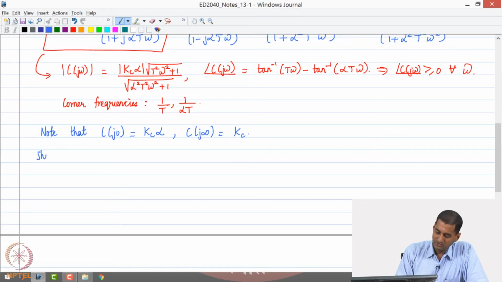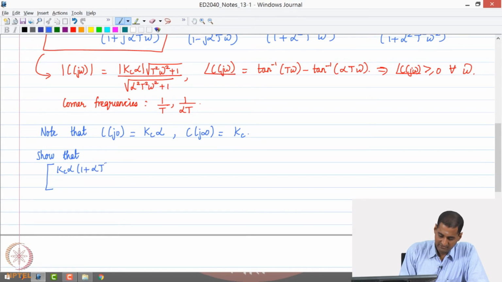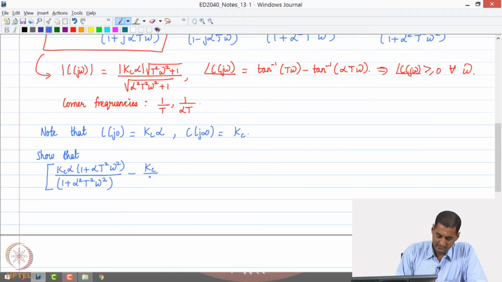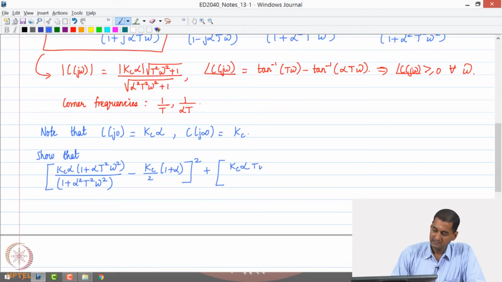Now, this is something which I am going to leave as homework. One can easily show that if you take the real component, which is Kc α times (1 plus α T squared ω squared) divided by (1 plus α squared T squared ω squared), minus Kc by 2 times (1 plus α), whole square, plus the imaginary component squared, Kc α T ω times (1 minus α) divided by (1 plus α squared T squared ω squared), whole square, that is going to be equal to Kc by 2 times (1 minus α), the whole square.